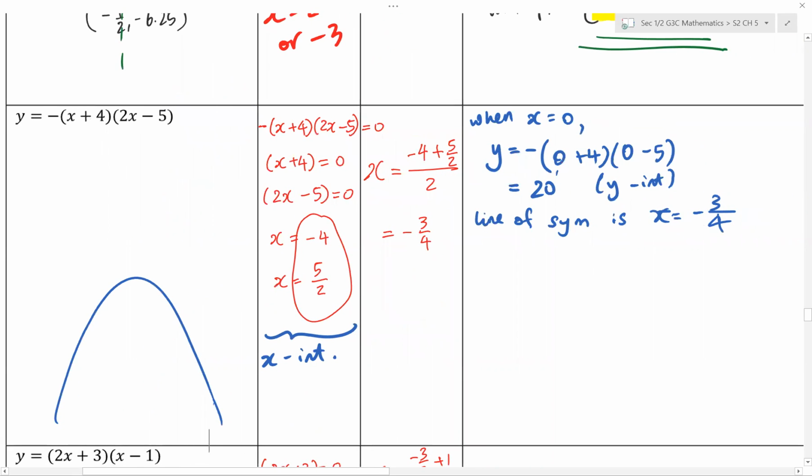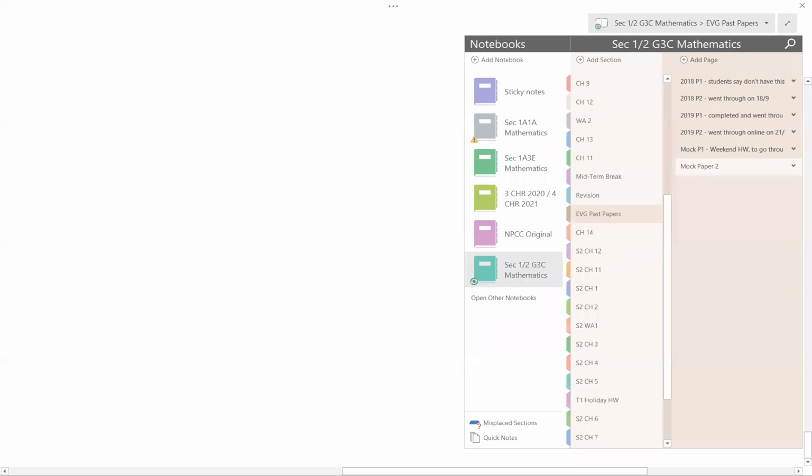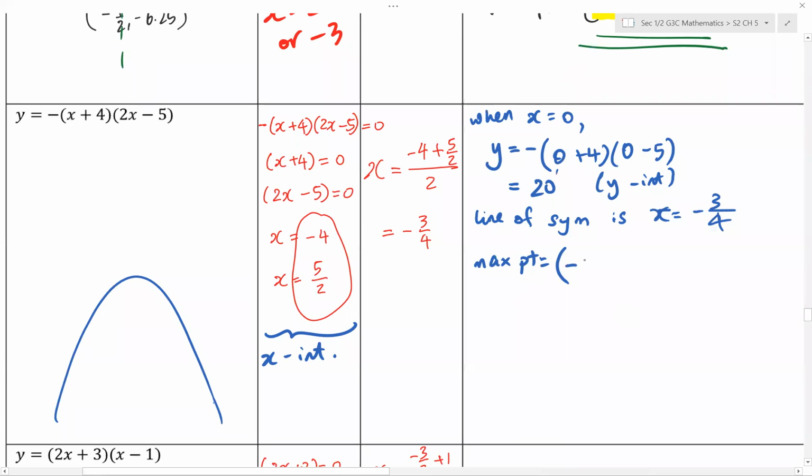Oh, sorry. What was that? We are saying maximum point, but I haven't found the coordinates yet. Maximum point: x value is -3/4. It is the same x coordinate as your line of symmetry. Now we need our y coordinate.